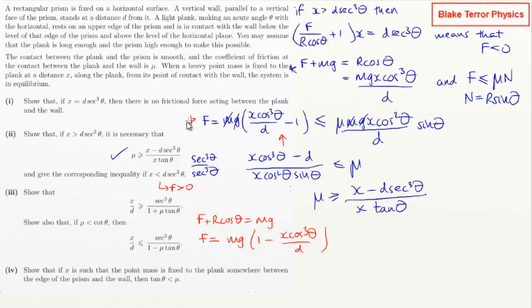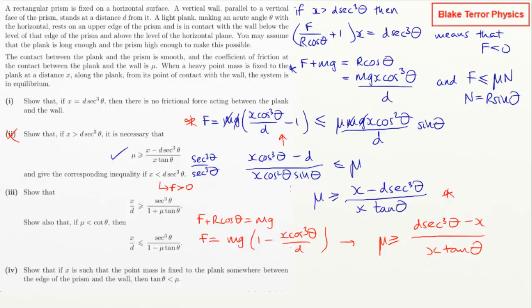So I've got a difference to what I've got there. I've just got a flipping sign on that, which means I'm going to have a flipping sign on that. So that will lead to mu has to be greater than or equal to d sec cubed theta minus x, over x tan theta. It's just the same bit of working out. I've just changed the sign around.